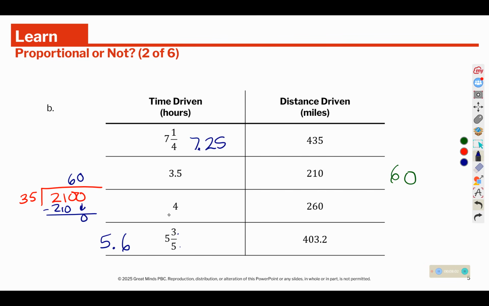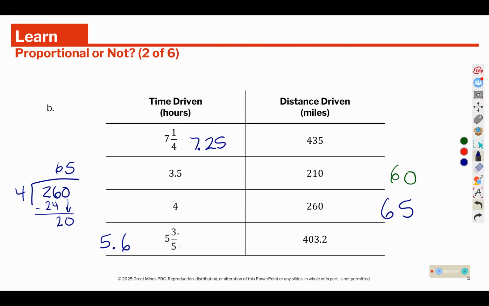Let's verify that the next one comes out to the same. If it does, then it's proportional, but if it is not, then it is not proportional. Four doesn't fit into 2, but it does fit into 26. 4 times 6 is 24. That leaves us with 2. Bring down the 0. 4 fits into 20 5 times. Those unit rates are not the same, so this one is not proportional.